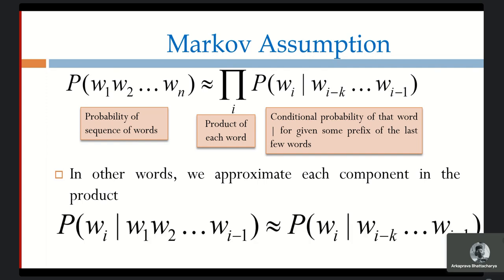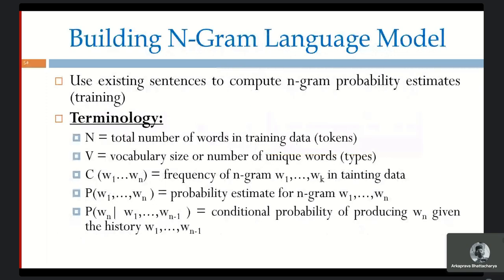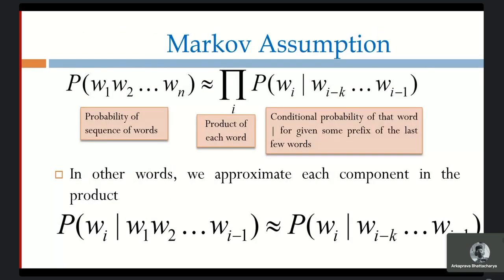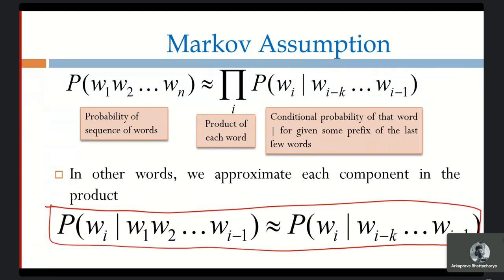So in other words, we approximate each component in the product. So these are the overall predictions which we are going to apply. I'll explain this with an example so that it is very easy for you to understand.